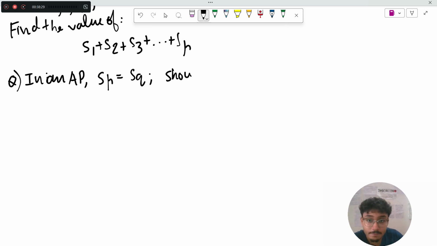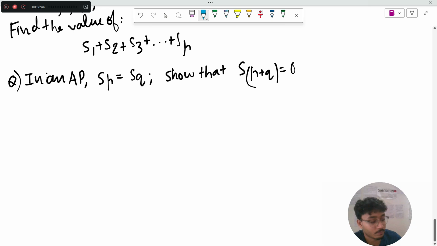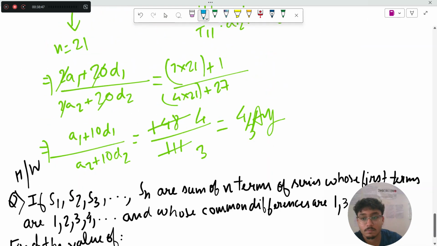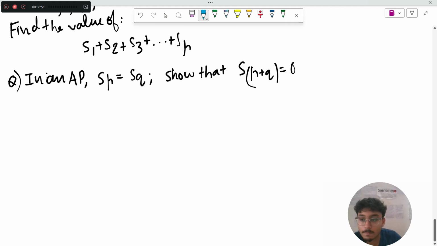Show that the summation of P plus Q terms is 0. This is what you need to show. It will probably take 1 or 2 minutes.